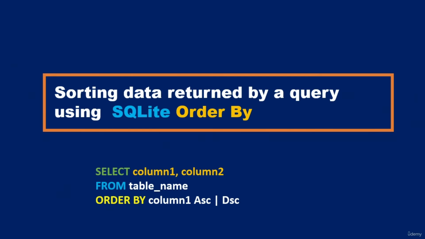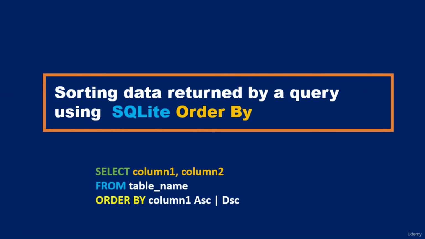This is because the order by clause allows you to get the data first, and then it will sort the result set from that query based on one or more columns in the order you have specified.